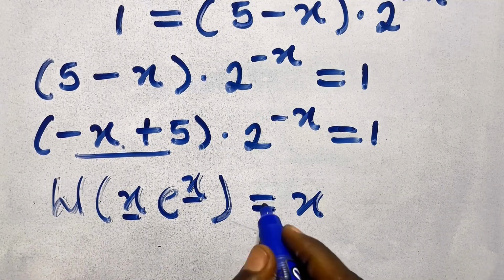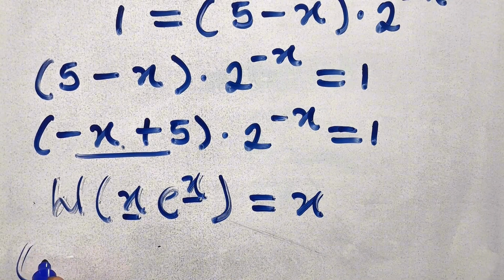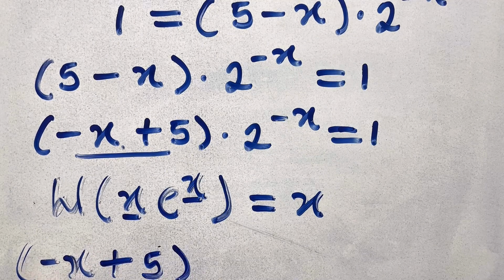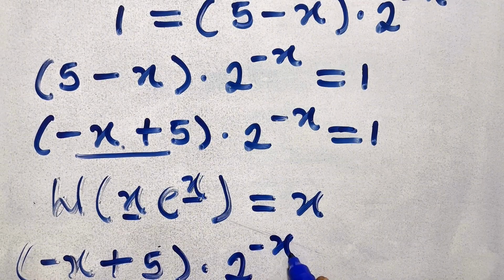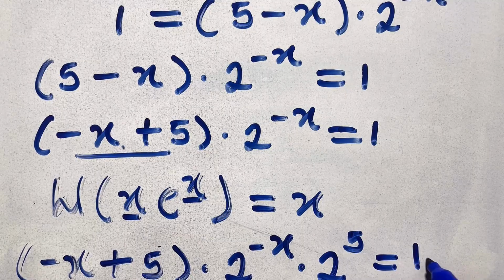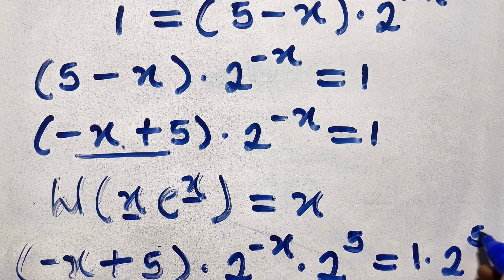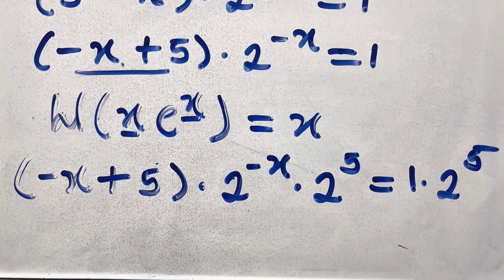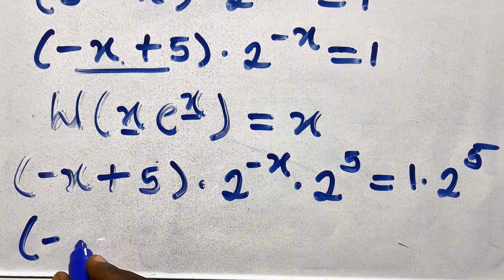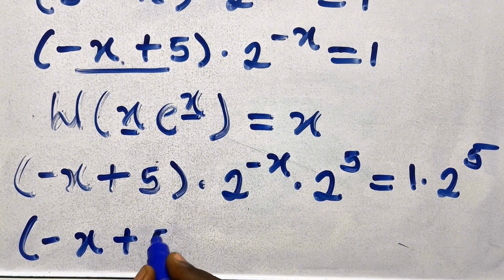So let's multiply both sides by 2 raised to the power 5. We have minus x plus 5, multiplied by 2 raised to the power minus x, multiplied by 2 raised to the power 5, and this 1 multiplied by 2 raised to the power 5.